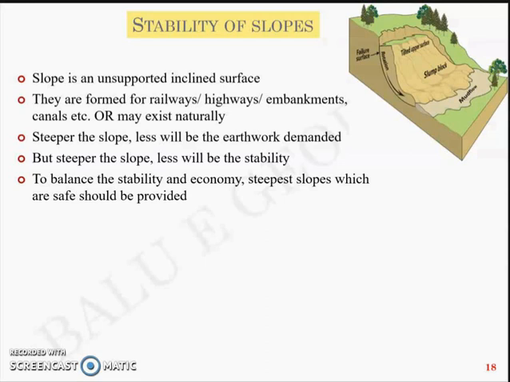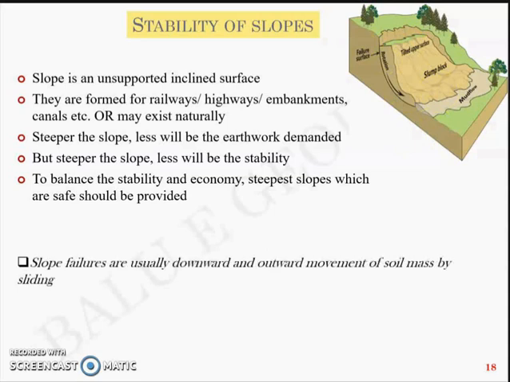Now slope failures in general are usually downward and outward movement of soil mass by sliding. You can see the picture. You can see that there's downward and outward movement of soil mass by sliding. That is a usual trend of slope failures, downward and outward movement, and it occurs broadly by 2 things.